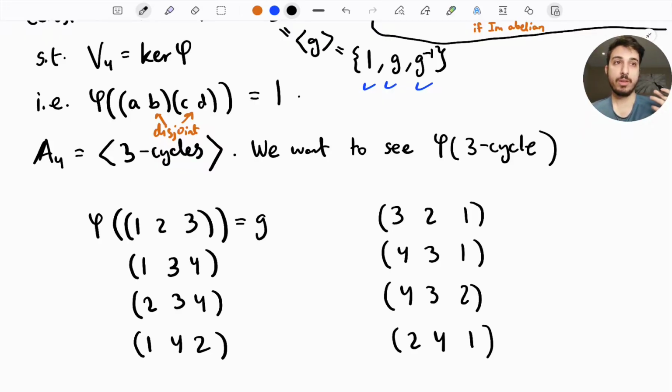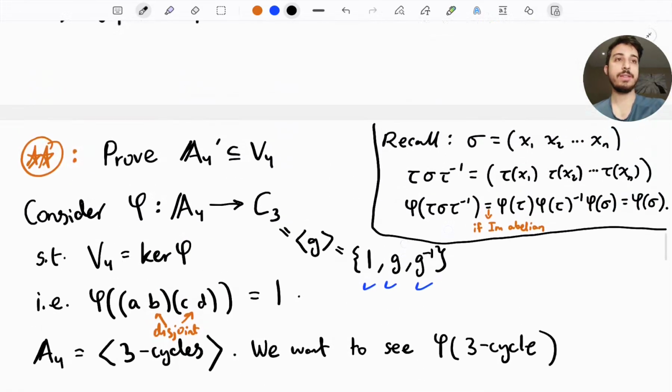Luckily, I have a very powerful technique that enables me to do that. The question here is whether phi sends the 3 cycle to g or g inverse, and the answer lies in this information. Recall that if sigma is a permutation containing x1, x2, all the way to xn, then the conjugate of sigma by tau is (tau x1, tau x2, all the way to tau xn).